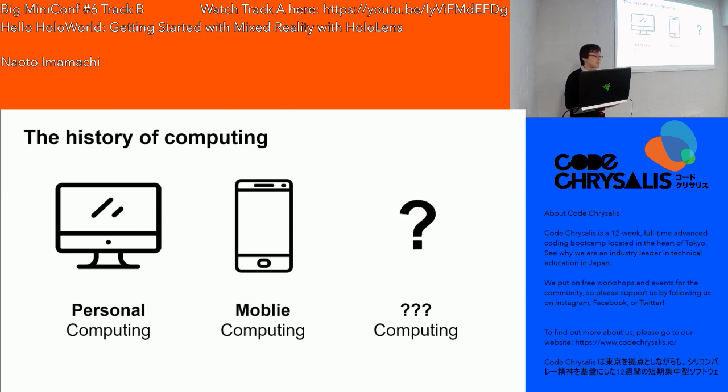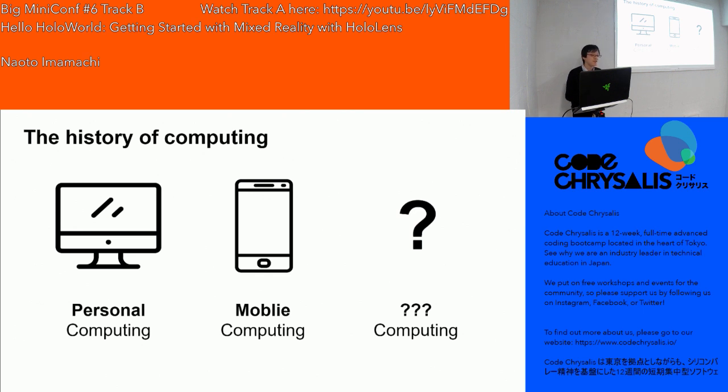In the 2000s, the era of mobile computing came. Nowadays, people use the smartphone in the palm of the hand, and we use the mobile computer, such as for SNS or web browsing and web shopping, something like that.